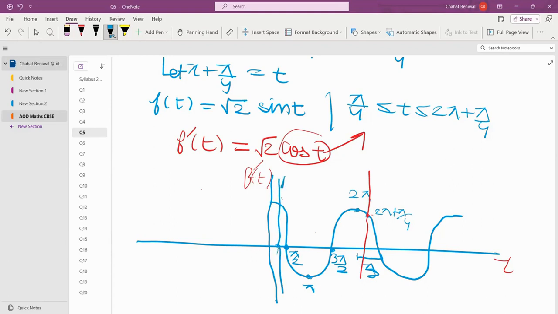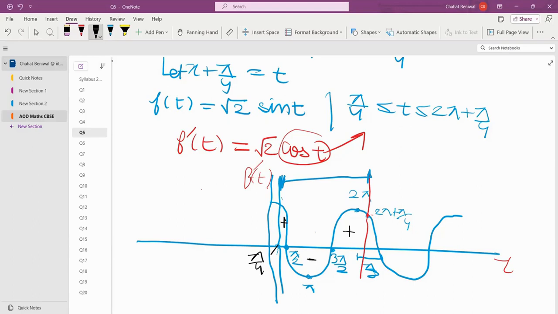So we need to consider this interval. I'm going to use another pen. We can see between pi by 4 to pi by 2, the function is positive because it's above the x-axis. And here the function is negative. And here the function is positive.